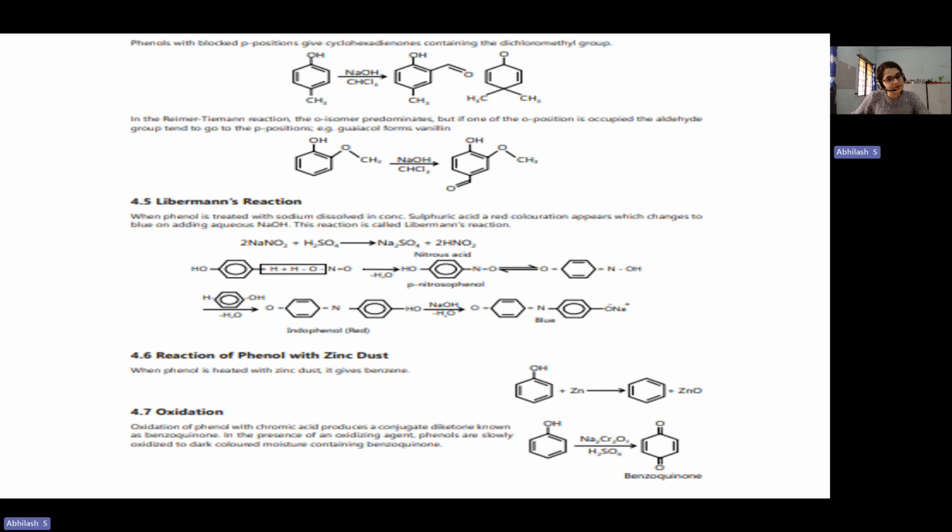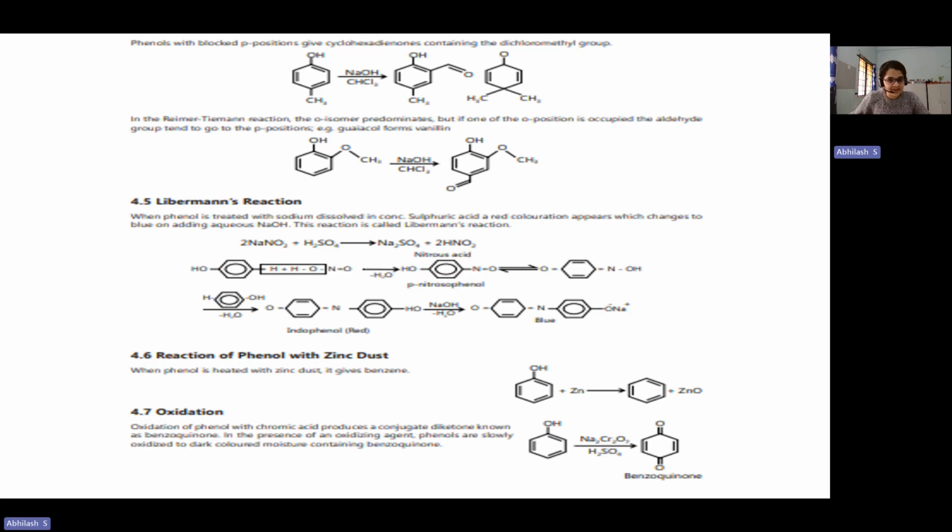And if there is a substitution in the ortho position, what will happen? There is no formation of salicylaldehyde; when the Reimer-Tiemann reaction takes place for an ortho-substituted phenol, the aldehyde group is attached at the para position of the product. This is the Reimer-Tiemann reaction you have to see.